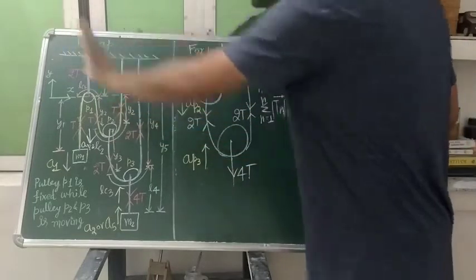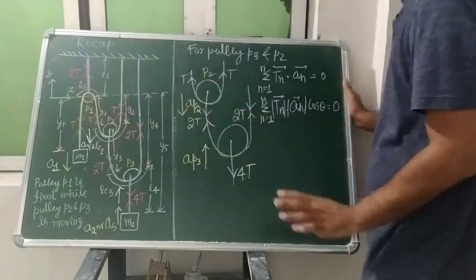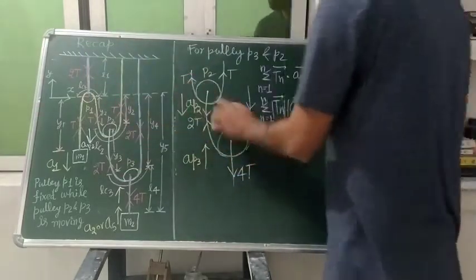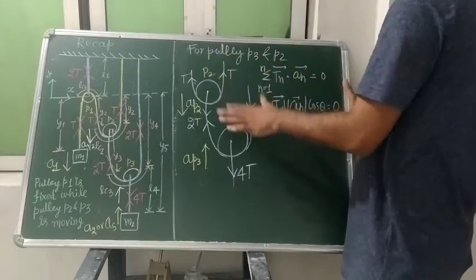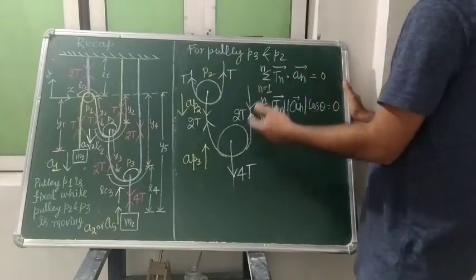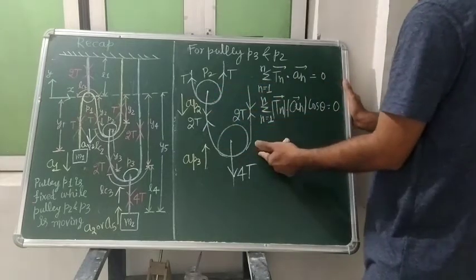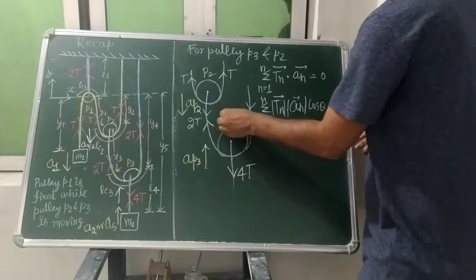It is fixed, we are not talking about that. We want to know the relation, it is not going to accelerate. So when we want to know the relation between the velocities and accelerations of P2 and P3, our object of interest should be pulley P3, not this P2.